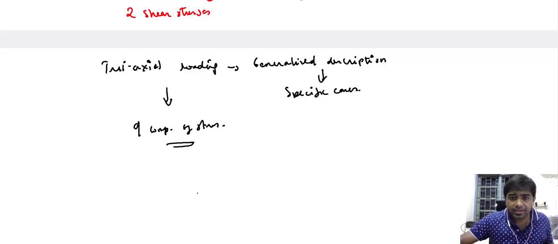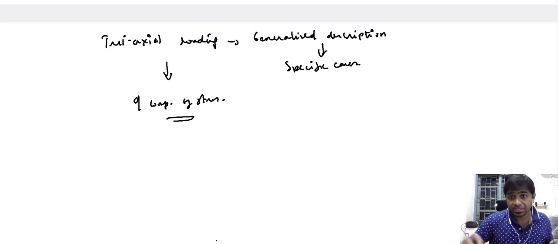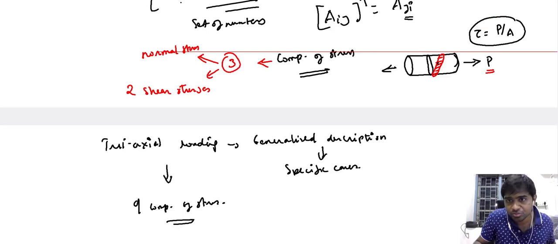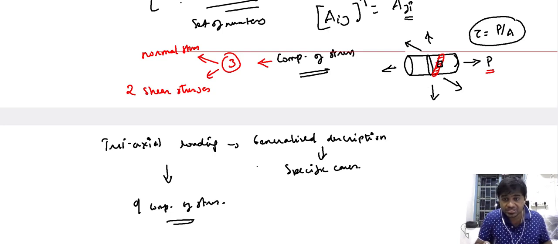Now these 9 components of stress can be represented graphically by considering an element in this inclined plane. So if you consider a small element in this inclined plane, which is now experiencing a triaxial tensile load, these are the 9 components of stress that are required.